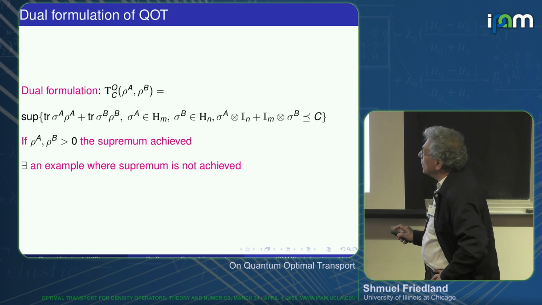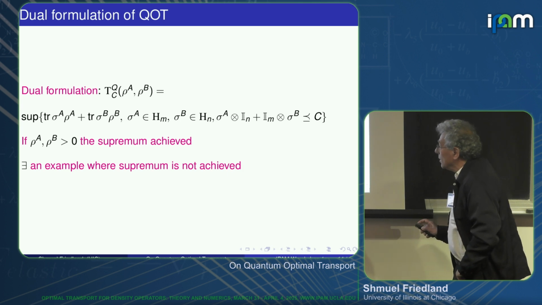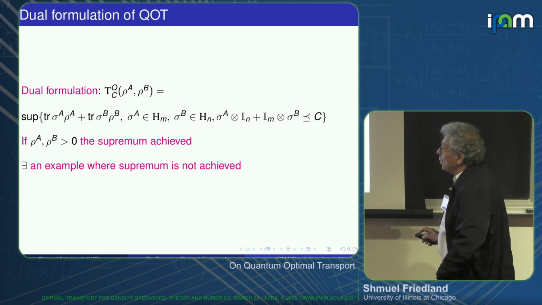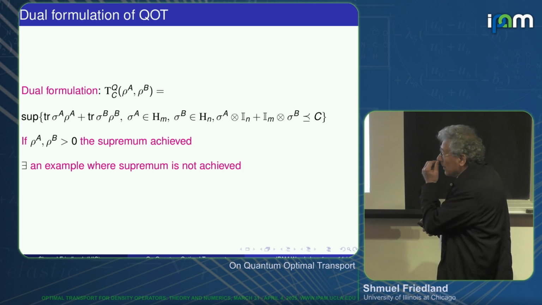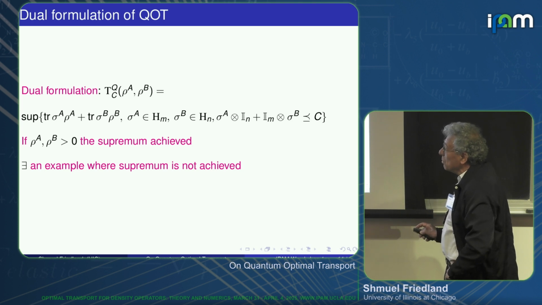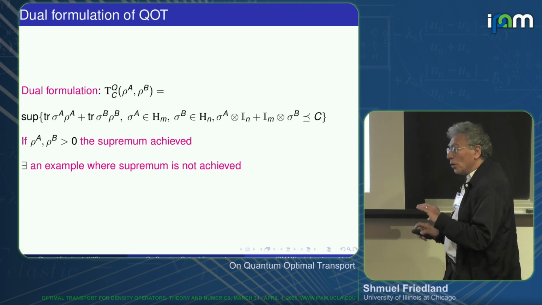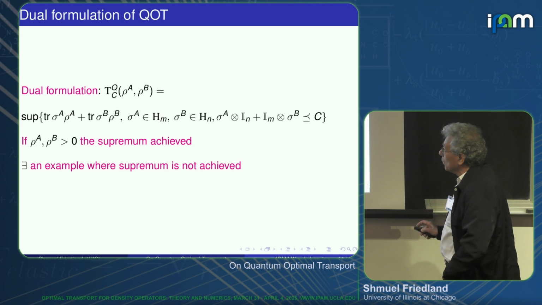What is the condition now? You want a supremum of trace of sigma A rho A plus sigma B rho B, where sigma A and sigma B are from Hn. So you see it's actually much smaller than doing it on n by n matrices. It zooms out, so this is a good problem for computation.